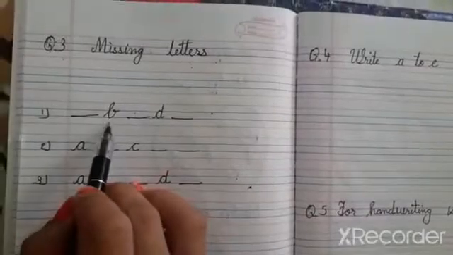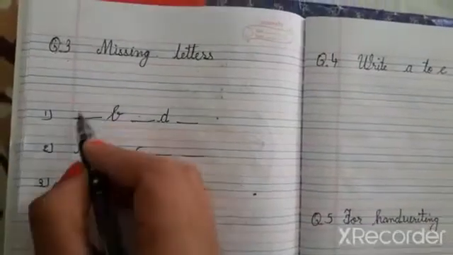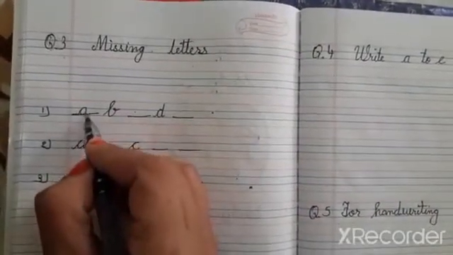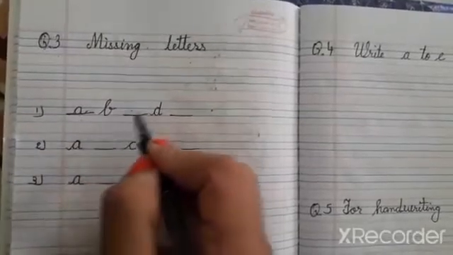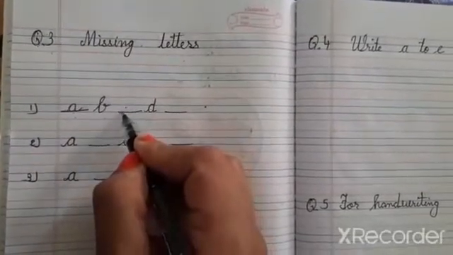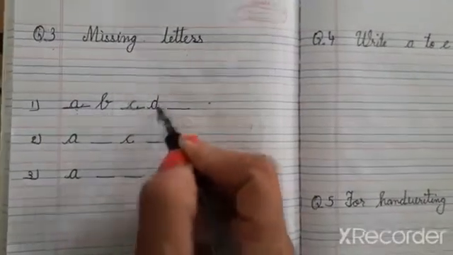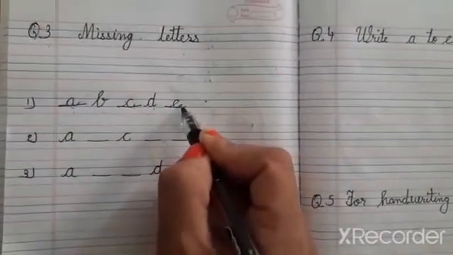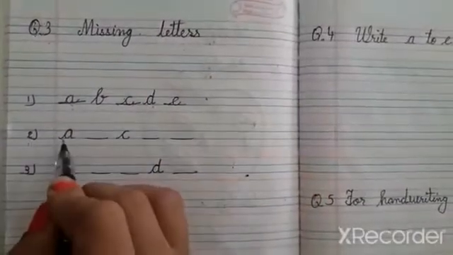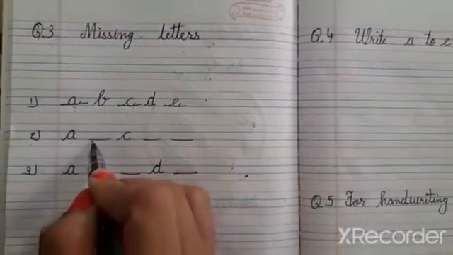Our third question is missing letters. So in this we have to write missing letters. Okay. B before A. A, B, then what will come? C. A, B, C, D, then E. Understood? Next one is A, then what will come here?